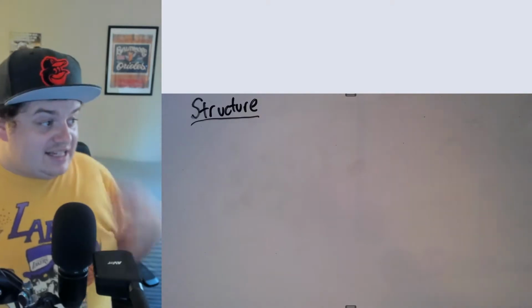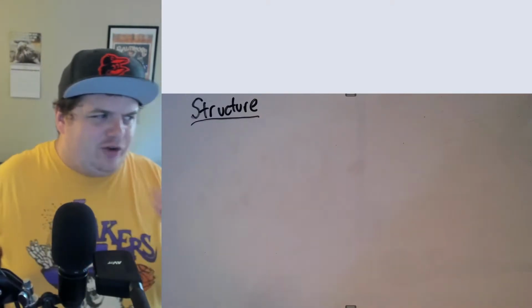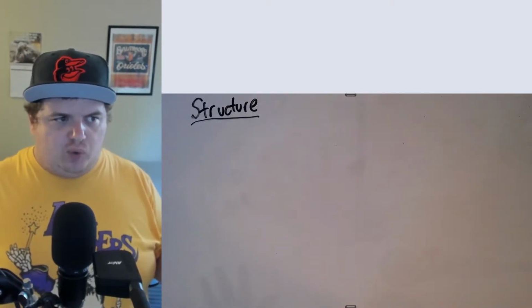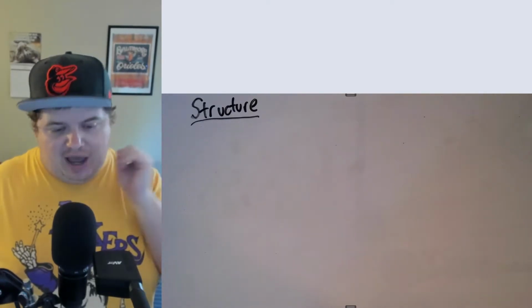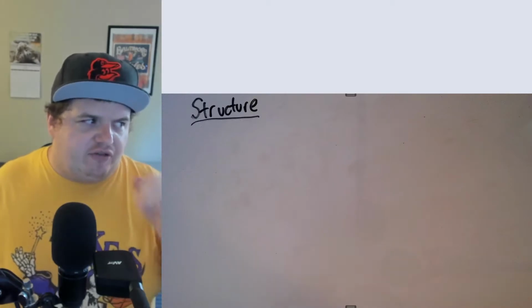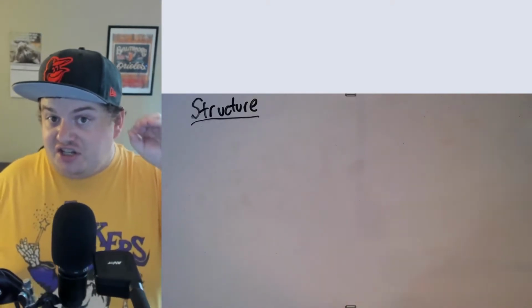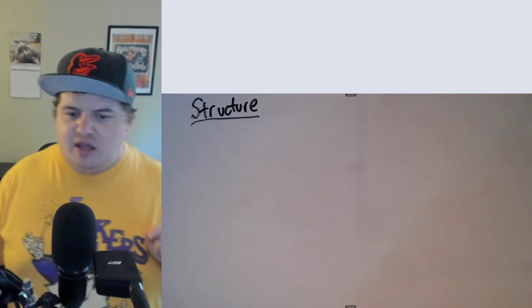So with disads, typically everybody teaches the same structure for a disadvantage. There's uniqueness, link, internal link, impact. Everybody who I've pretty much ever known in debate teaches disadvantages that same way.